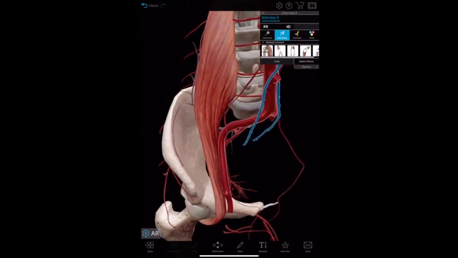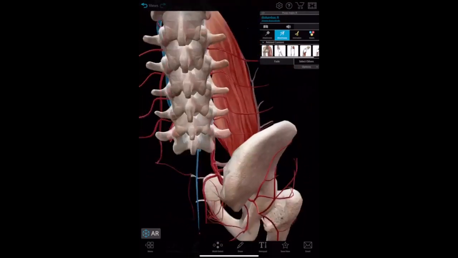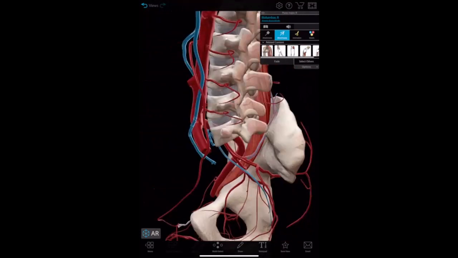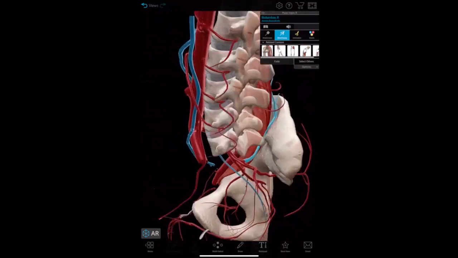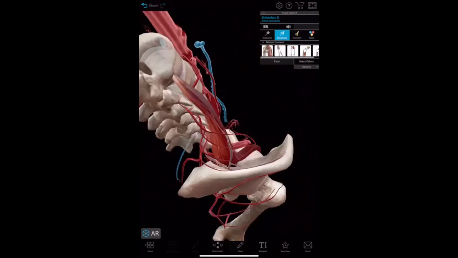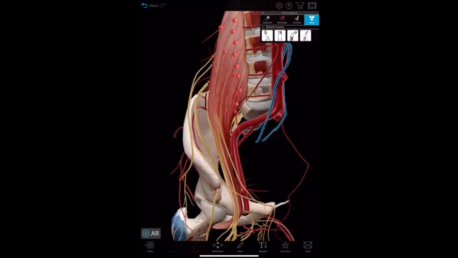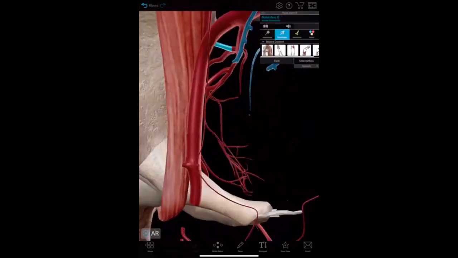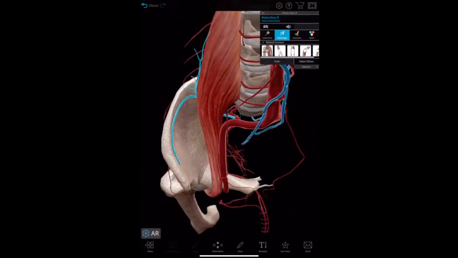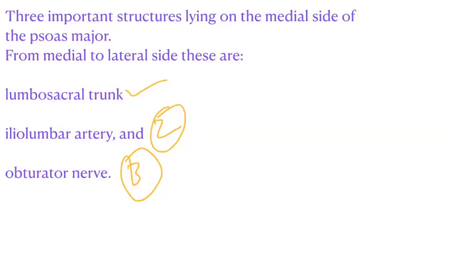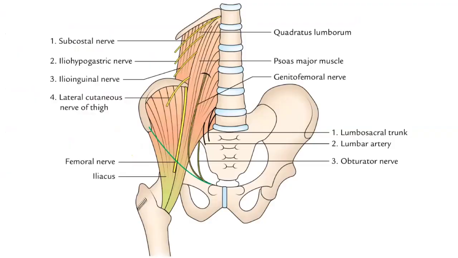See, on the lateral side, the iliolumbar artery is like that. That is the iliolumbar artery.